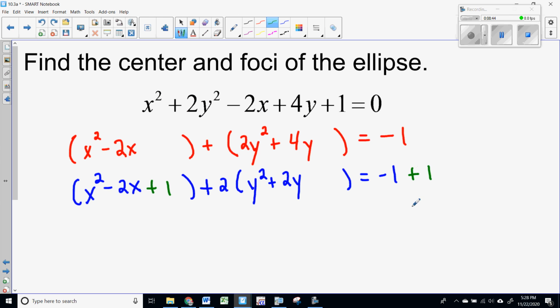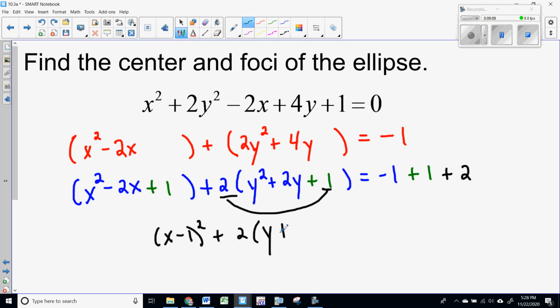So I'm going to add 1 over here. Here, half the middle term squared is plus 1. But remember, I've actually added 2 times 1. So I've actually added 2. So I have to add 2 over here. That's going to then factor into (x minus 1) squared plus 2(y plus 1) squared equals 2.